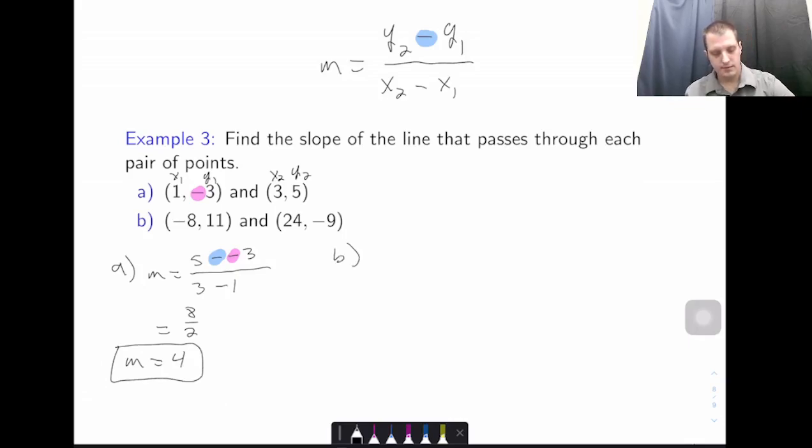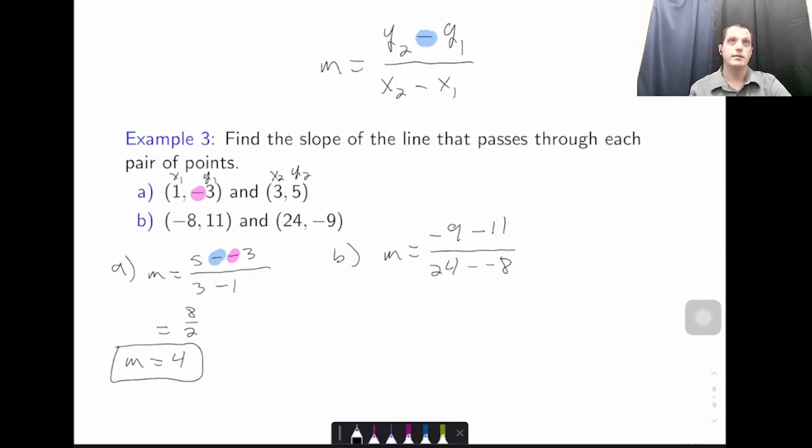For B, we've got slightly larger numbers. We're going to get m is equal to negative 9 minus 11 all over 24 minus a negative 8.